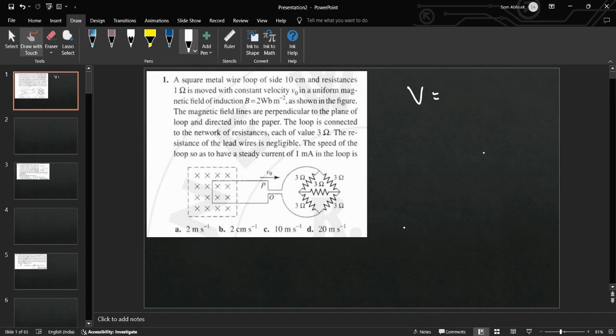Find the effective resistance of this. Yeah, done.